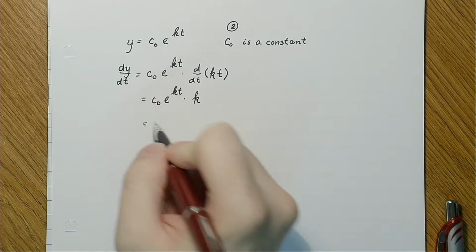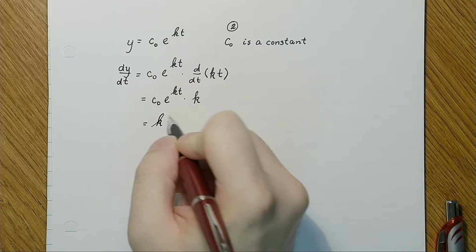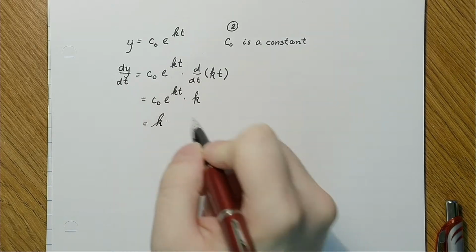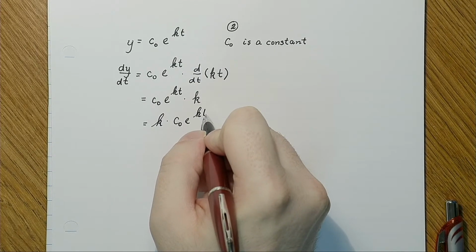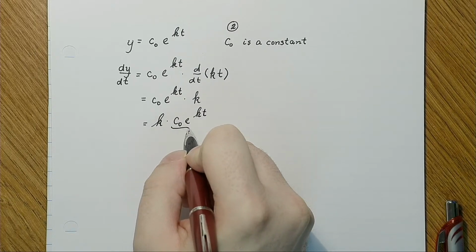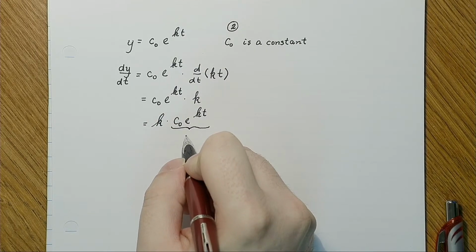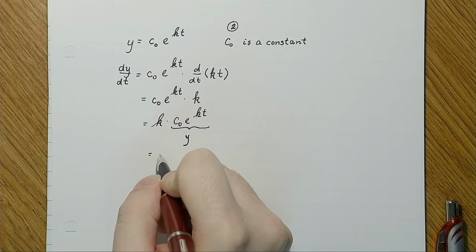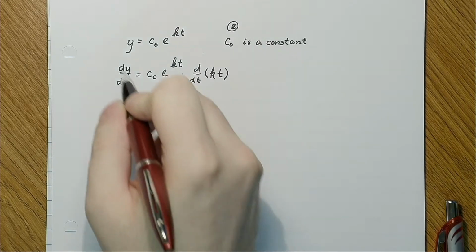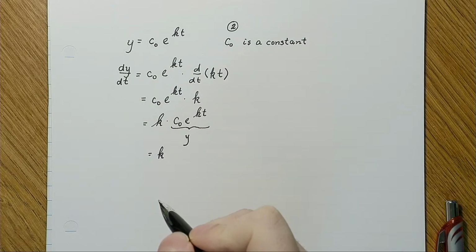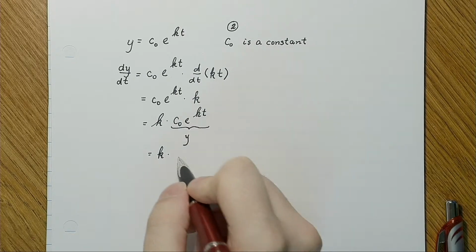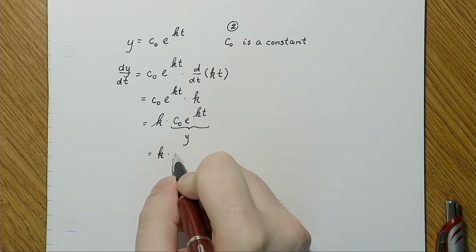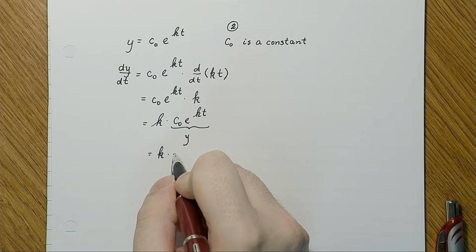I'll rewrite this a little nicer: I'll bring the k out front, and then I have C0 e to the kt. And the nice thing about that is that's y. So what we have shown is that the derivative, or the rate of change of y with respect to time, is equal to k times the original function at t.